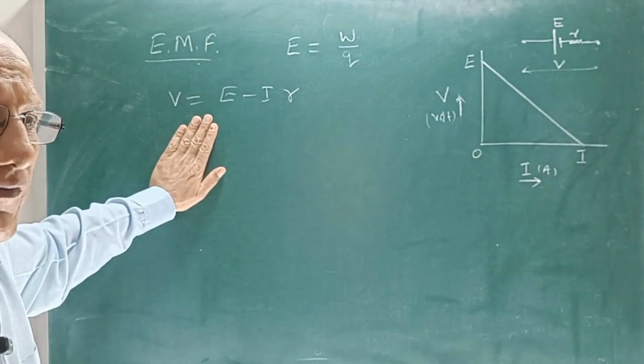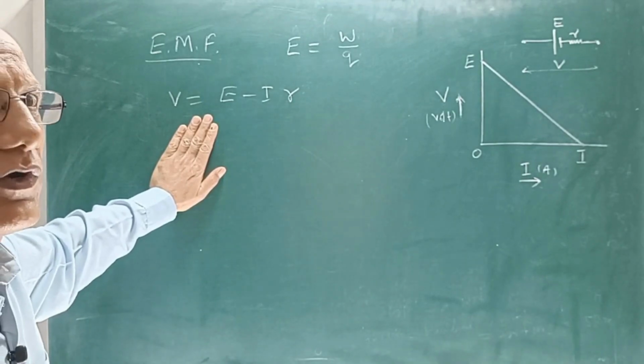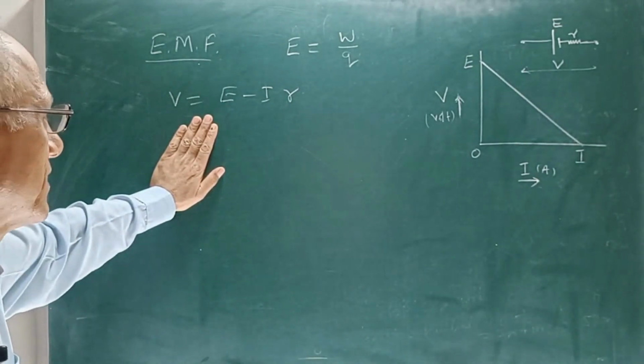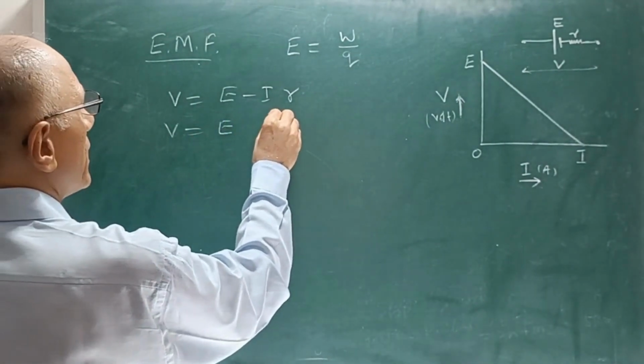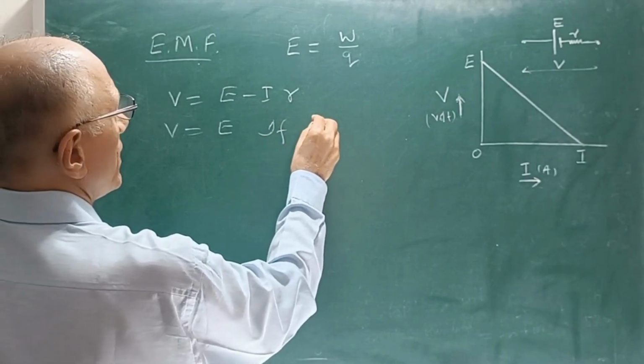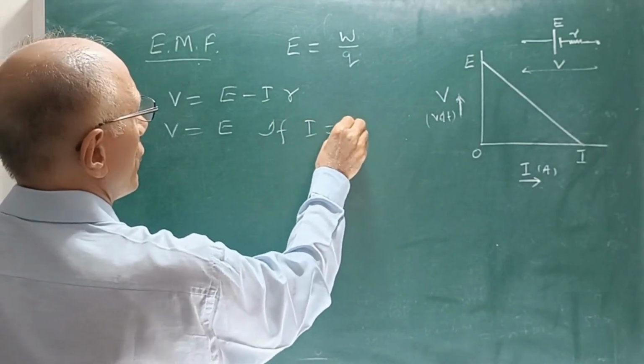So we can define, in other words, electromotive force or EMF of a cell, that this V will be equal to E if I equals 0.